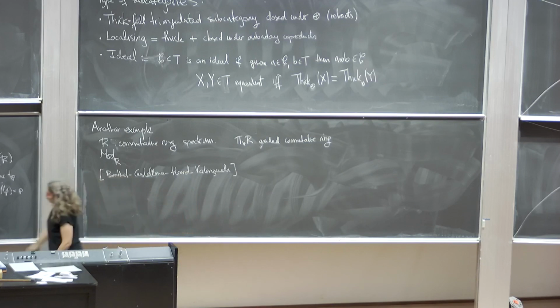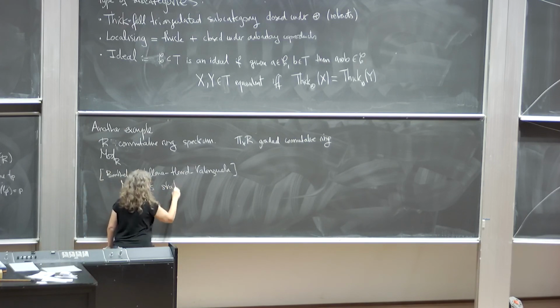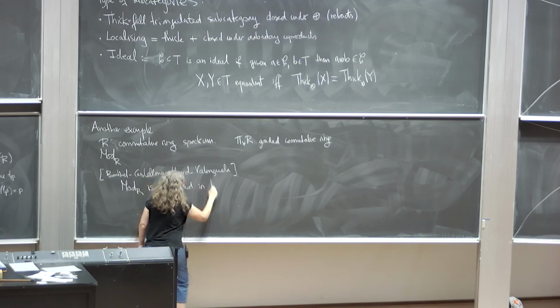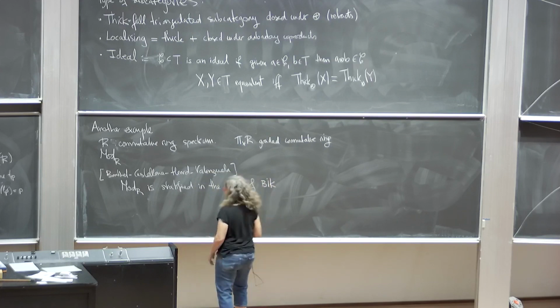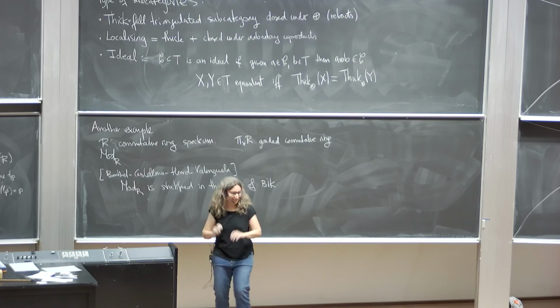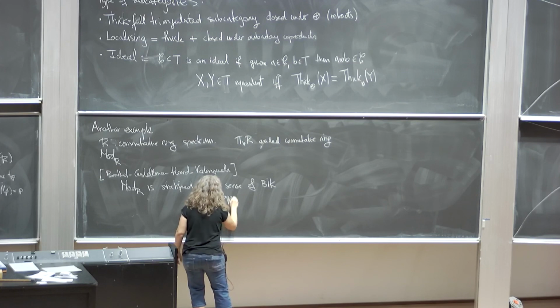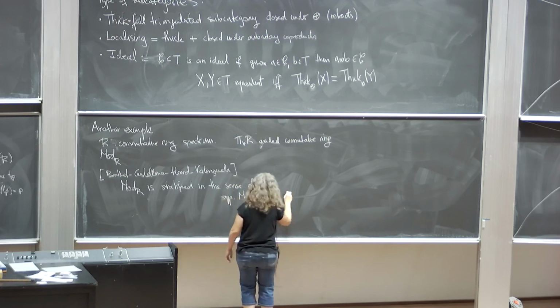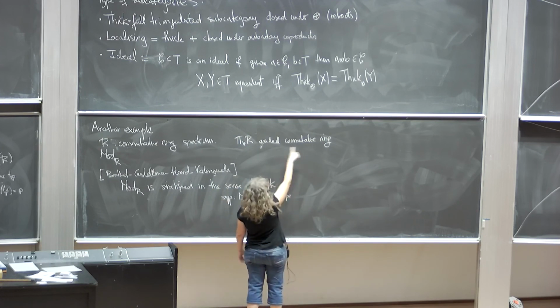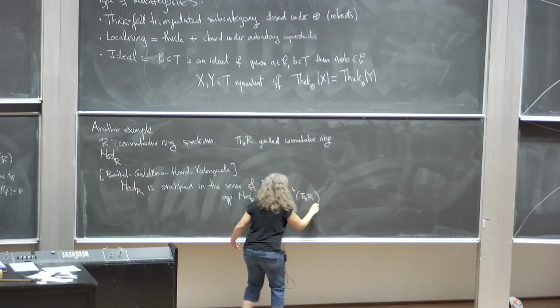And then what we show is that in this context, this category is stratified in the sense of Benson, Iyengar, Krause. But I have to tell you where the support lands. The support function goes from Mod R into Spec. This is a graded commutative ring, so you look at the homogeneous prime ideals of the homotopy of the ring.